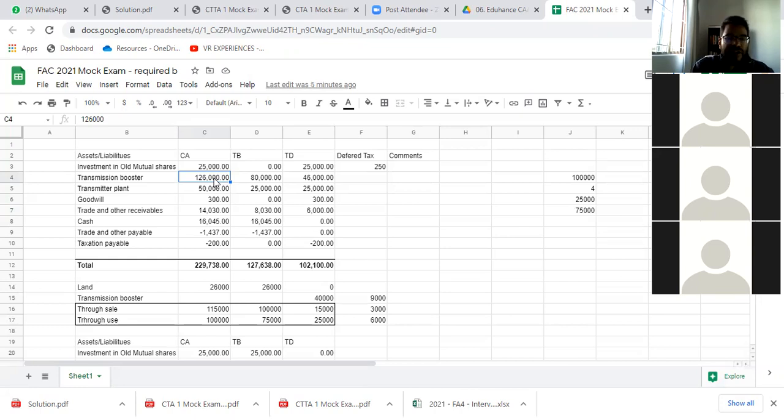Land being 26,000, the transmission booster is incorrectly accounted for at 100,000. It should be 115. How we got 80,000, I have no clue. So are you sure it's a 4-year, not a 5-year? Okay, but you guys can check that out.